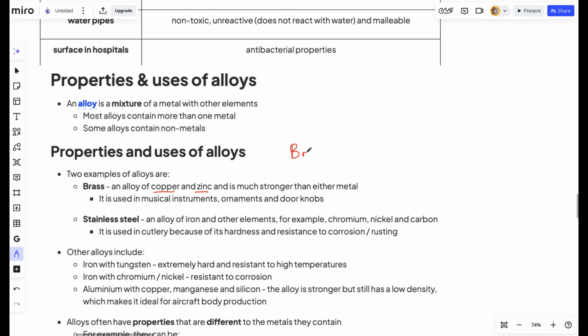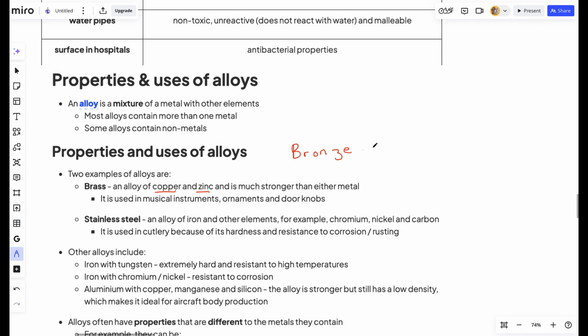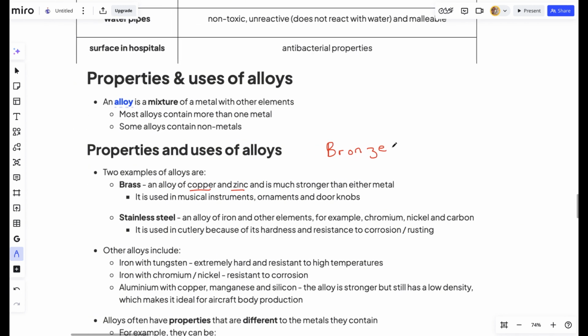Bronze is not an element, it's an alloy. So you know the difference. Stainless steel is an alloy. Pewter is an alloy. So bronze is an alloy of what? Copper and tin.